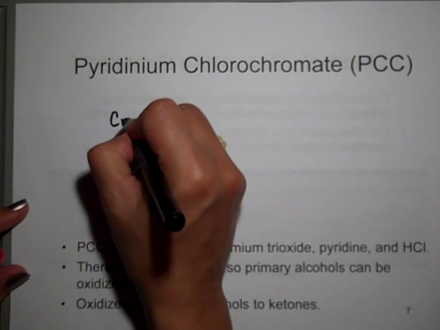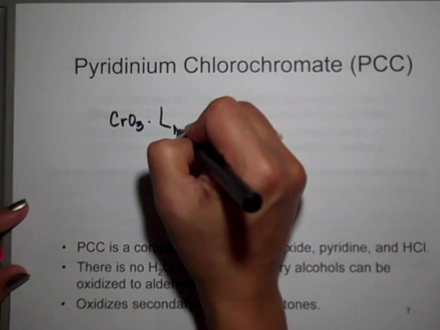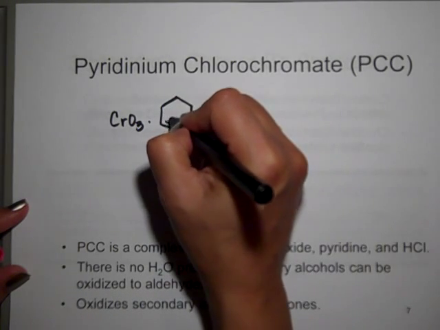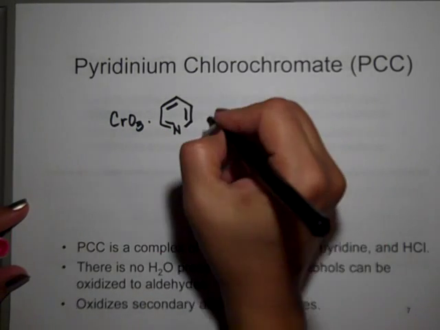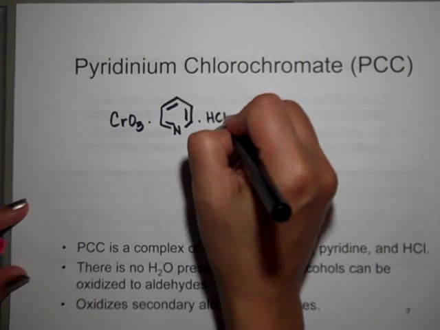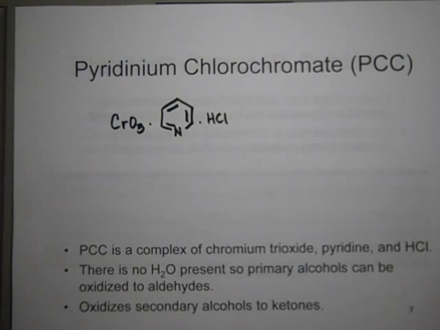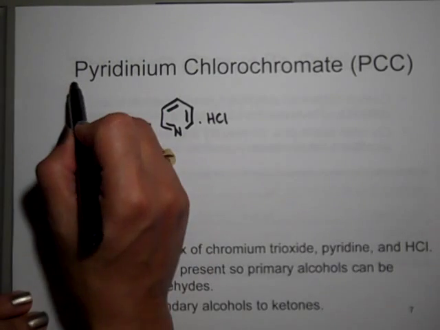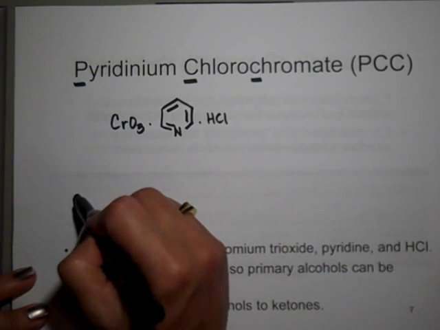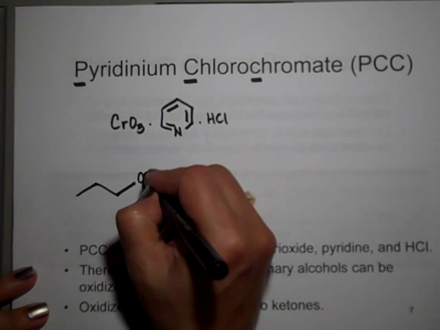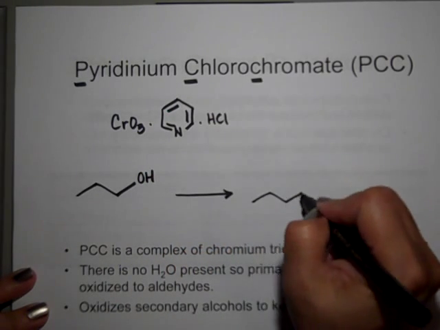So you have your chromium trioxide. You have pyridine. Pyridine is a 6-member ring with a nitrogen taking the place of a carbon. And you actually also have HCl in there. So this is the recipe for PCC. Again, pyridinium chlorochromate, PCC. And PCC is actually excellent at stopping those primary alcohols at the aldehyde state.